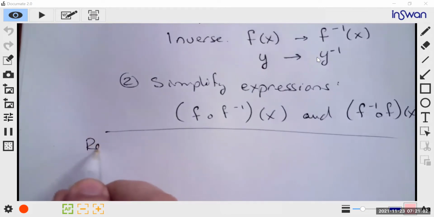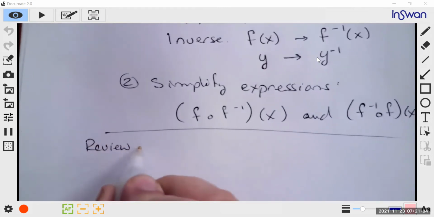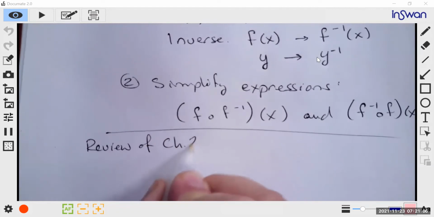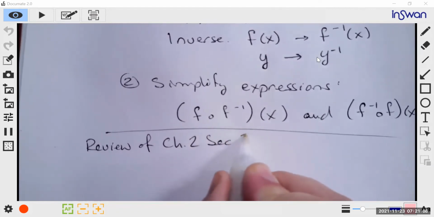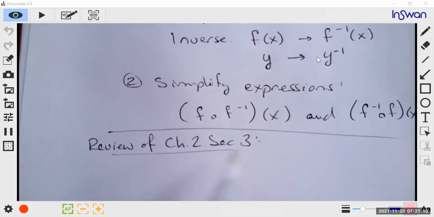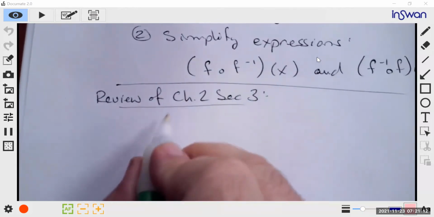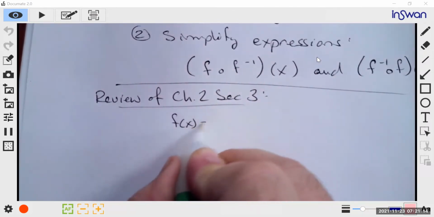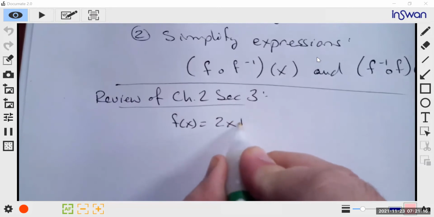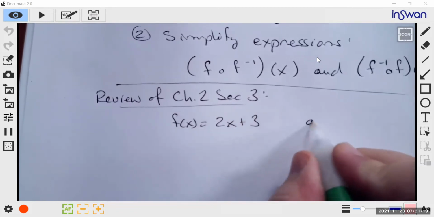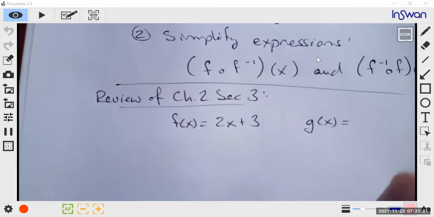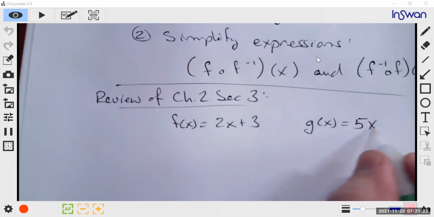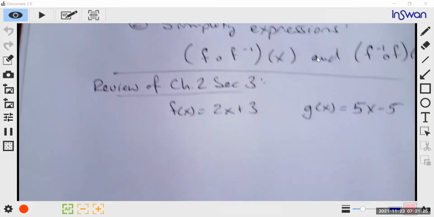So a review of chapter 2, section 3. If I have two functions, f of x, let's say it's 2x plus 3, and g of x is 5x minus 5.